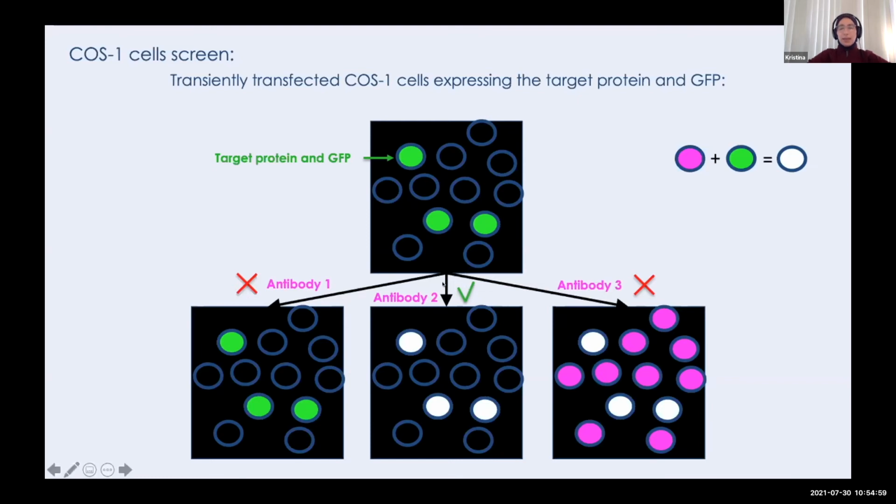Now, when you add the antibody, if it works, you would see colocalized labeling of only the cells that express GFP and the target protein. So colocalization here is shown in white. If the antibody doesn't label, well, you only see green. If the antibody sticks to everything and labels indiscriminately, then you see some colocalization, but also a lot of magenta-only antibody.